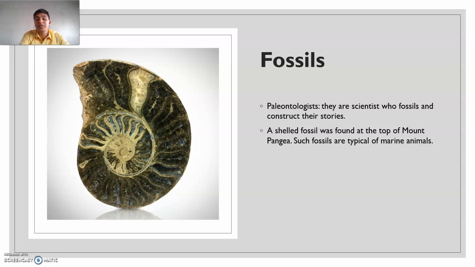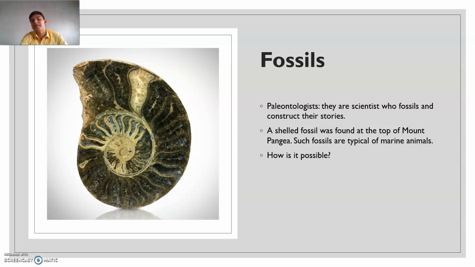A shelled fossil was found at the top of Mount Pangaea. Such fossils are typical of marine animals. So how is it possible that we have a fossil that is commonly found in marine ecosystems that we can actually find at the top of a mountain? How is that possible?